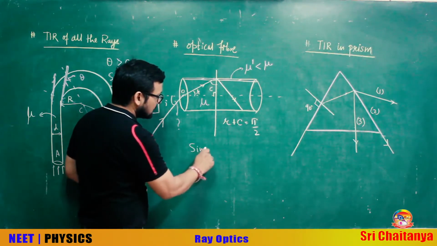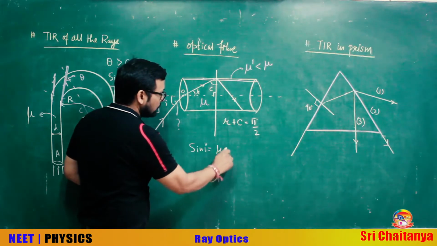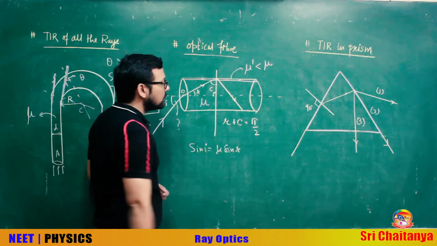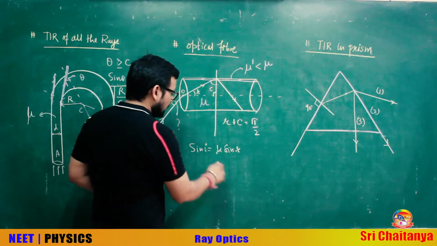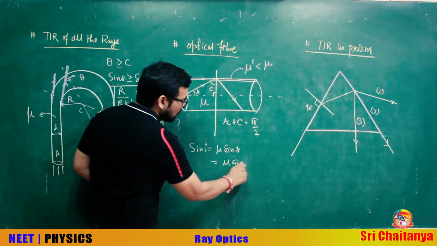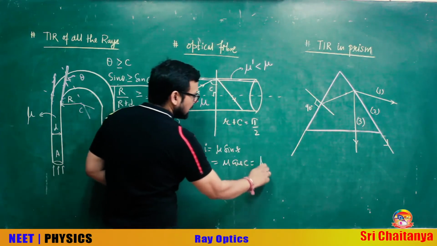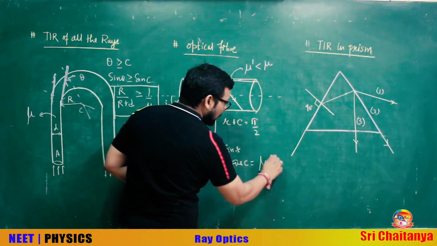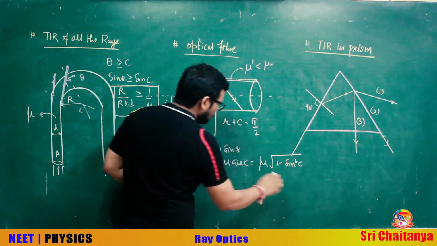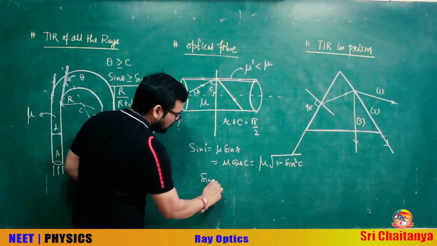Sin i is equal to mu sin r, and that r can be calculated from here, which is pi by 2 minus c. So you can write mu sin r is mu cos c, and that cos c is square root of 1 minus sin square c. Don't forget, here sin c is not 1 by mu.